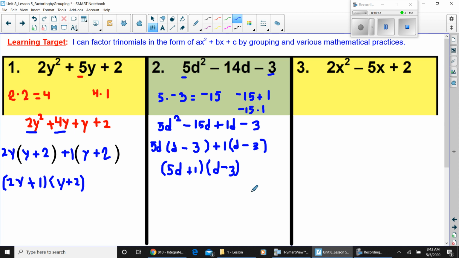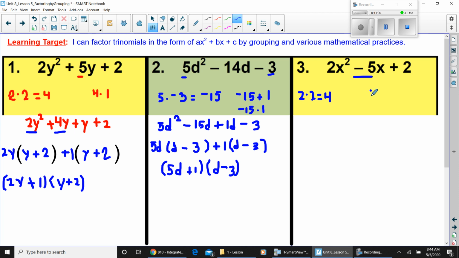All right, steps right there in front of you. Just go ahead, try number 3, press pause right now. So I did 2 times 2 equals 4, and now I have to look for two numbers that multiply to 4 but add to negative 5.